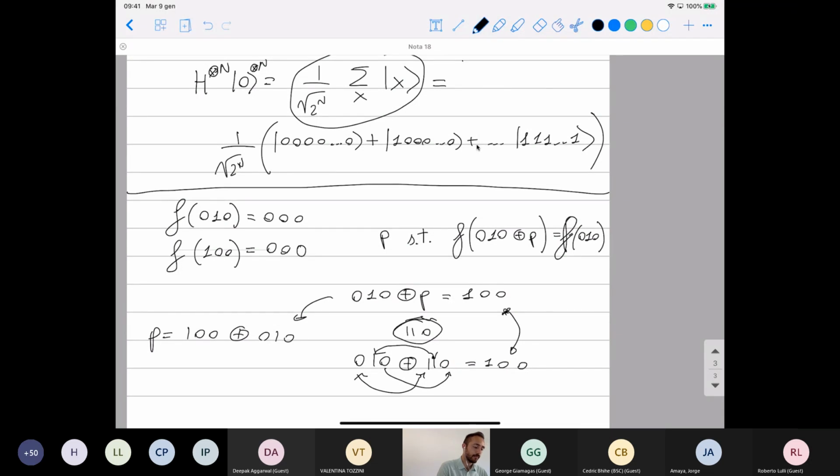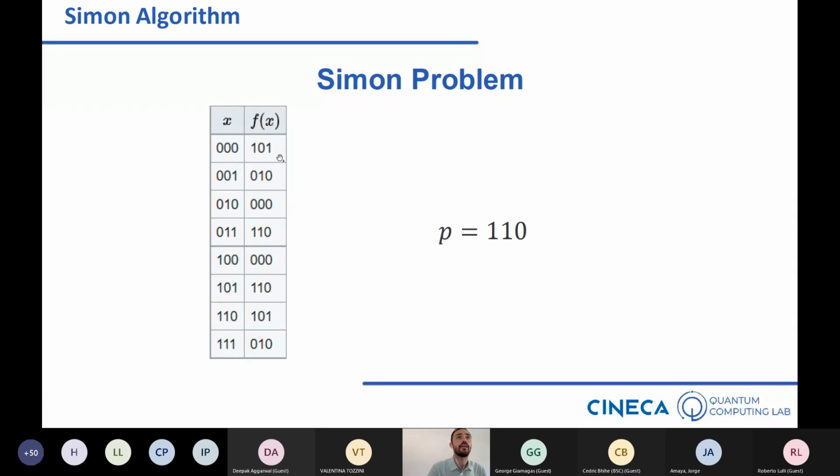So you sum these two and you get P. Same would have happened if I chose 0, 0, 0, which has f of x 1, 0, 1, with the same f of x, which is this one. In fact, if you see, 0, 0, 0 plus P gives you this one. Okay.